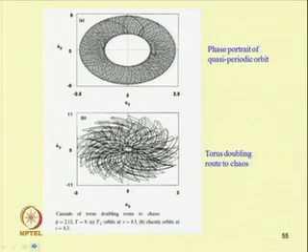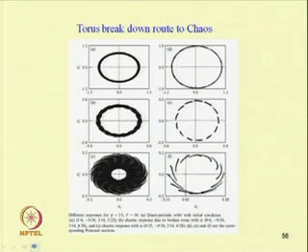Similarly, one can find initially a quasi periodic response, and this torus, by changing the system parameter, one can show this torus breakdown, and finally it forms a chaotic response. So, this is torus breakdown route to chaos. This torus breakdown route to chaos is shown by using this Poincare section.